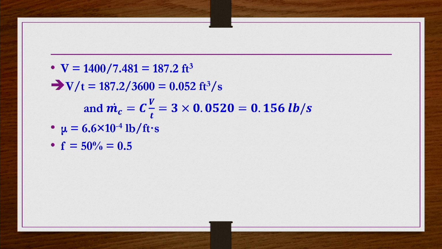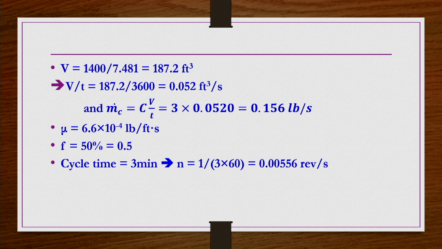Here, 50% of the filter medium is submerged in the slurry, so F is 0.5, and the cycle time is given as 3 minutes. So, N should come out as 1 by 3 multiplied by 60, that is 0.00556 revolution per second, right.